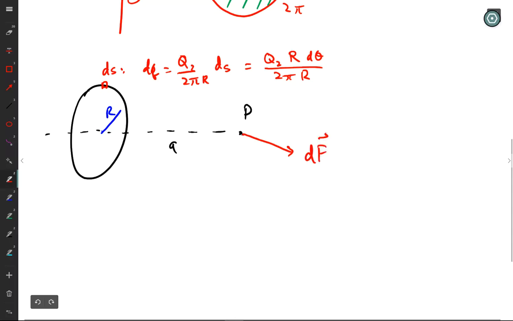So that's the direction dF would be pointing from that little ds. But I know that based on symmetry, if I were to choose a piece down here, it would make a dF like that. And if I were to add those two dF's together, what would I find? 0 in the vertical direction, but not in the horizontal direction.